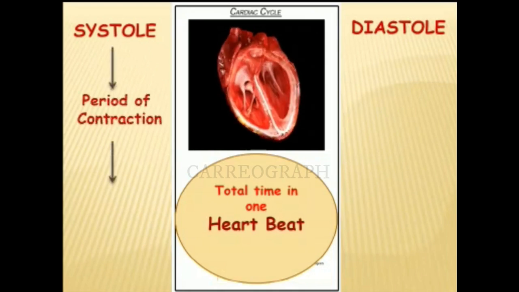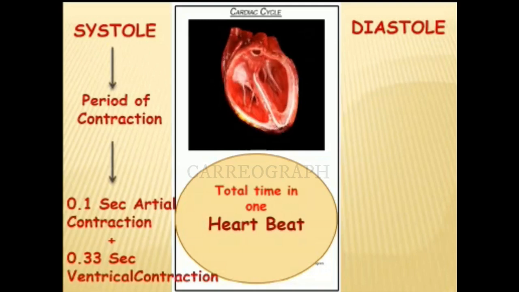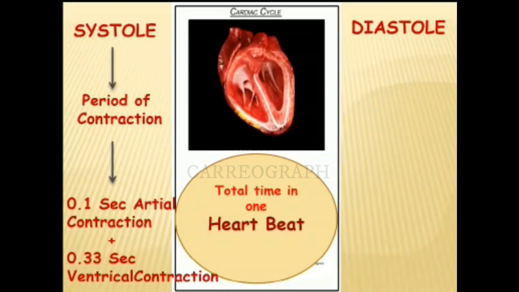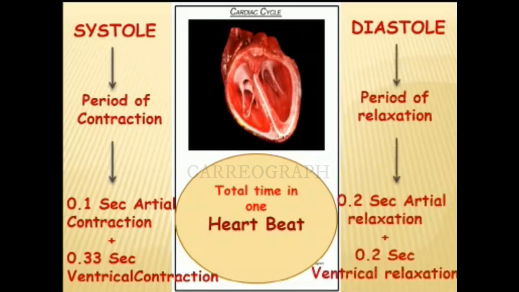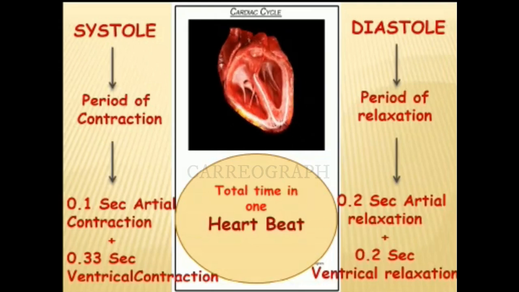In systole, the period of atrial contraction is 0.1 second and the ventricle contraction is 0.33 second, whereas in diastole the period of atrial relaxation is 0.2 second, and ventricle relaxation is 0.2 seconds.